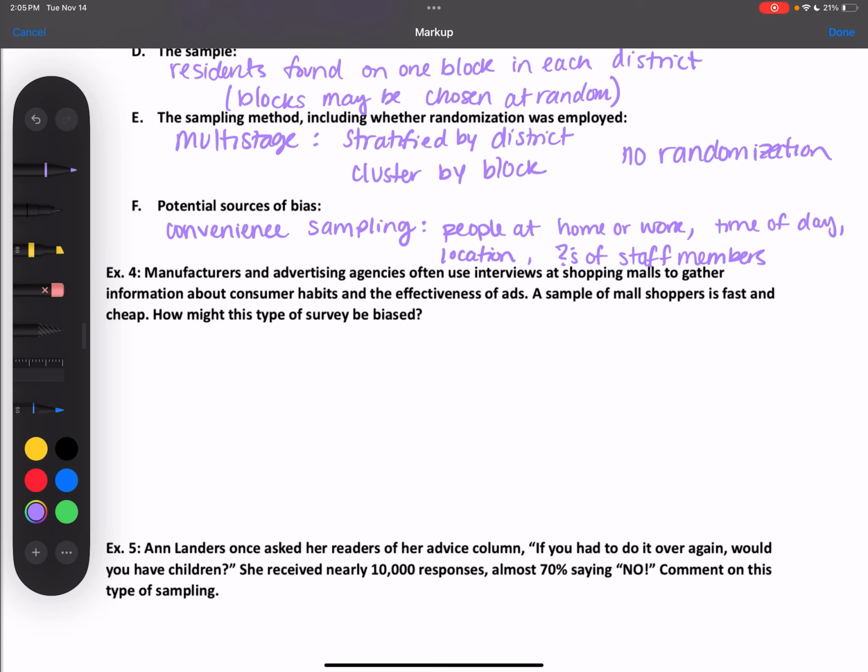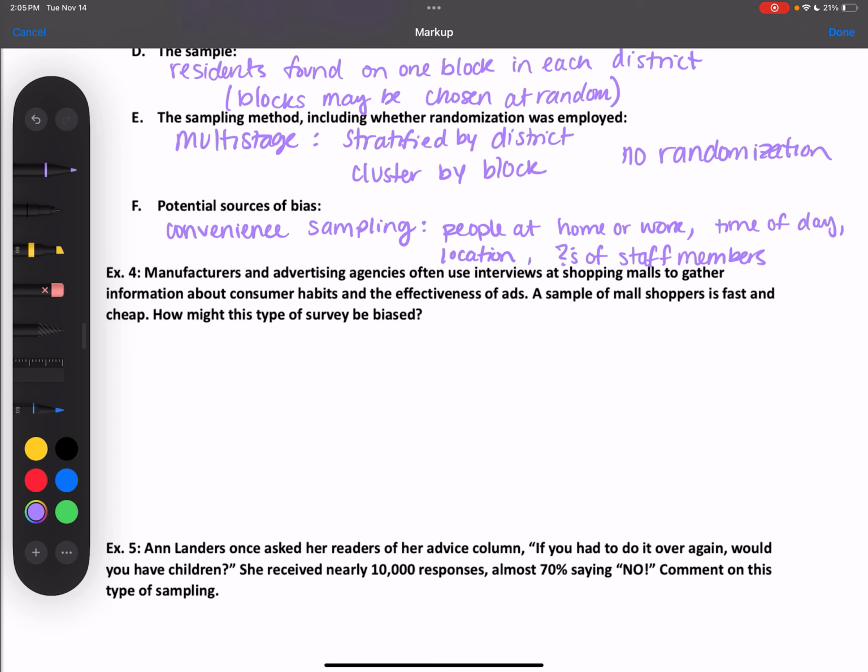Is non-response one of those things, like the people who answer are probably just the people who are already passionate about whatever the topic is? Kind of, yeah. Non-response is usually more like a survey comes to you in the mail and you decide if you're going to respond or not. So I would say the ones I would stick to are convenient sample and undercoverage for this one.